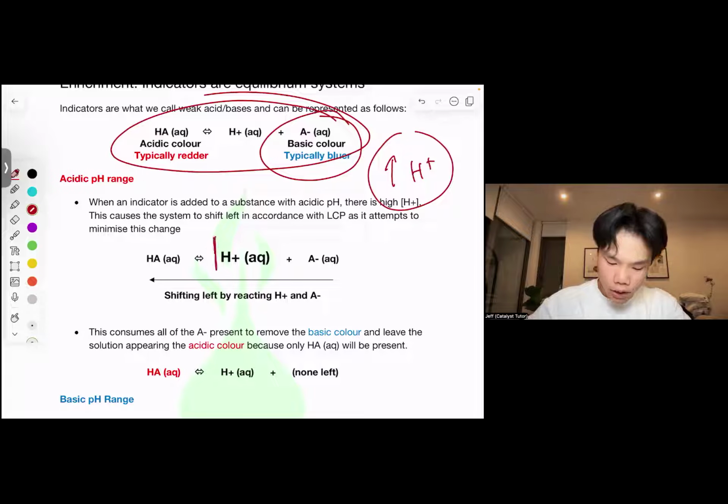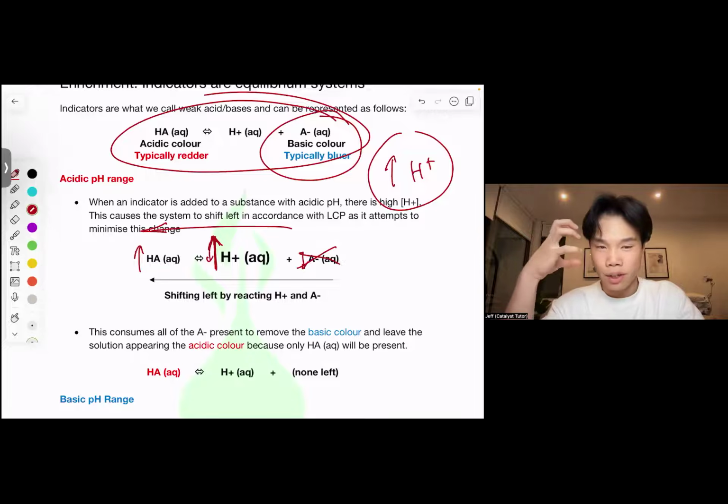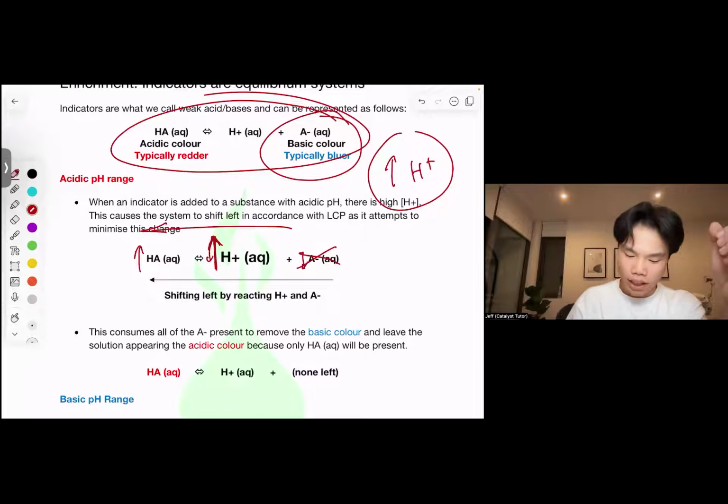If we have a really high H plus concentration in solution, this system is going to shift way to the left, consuming our A minus, trying to reduce some of the H plus, and it's going to make more HA. So we're essentially getting rid of our blue A minus, making more red HA. And that's why you'll see a red color in an indicator.